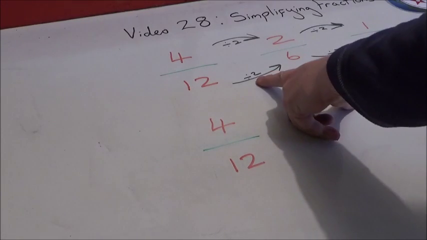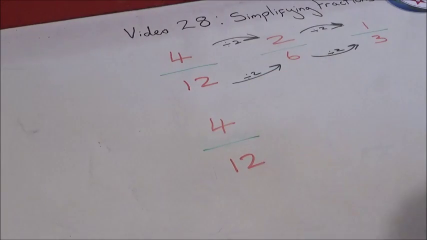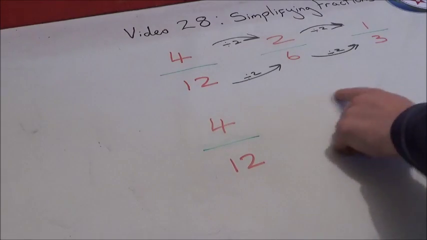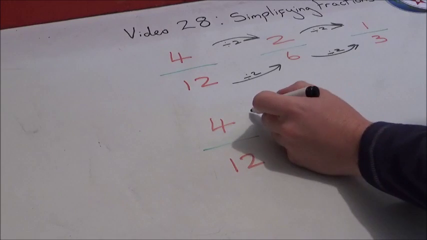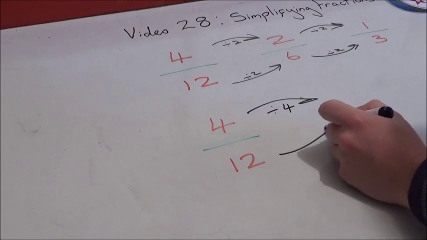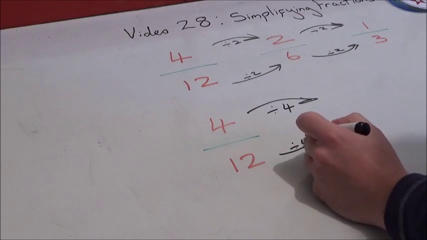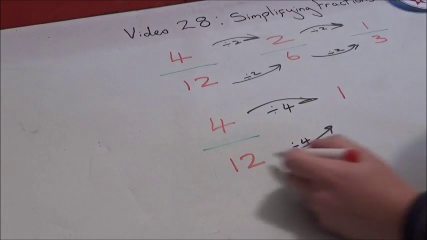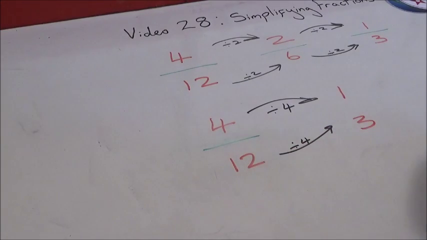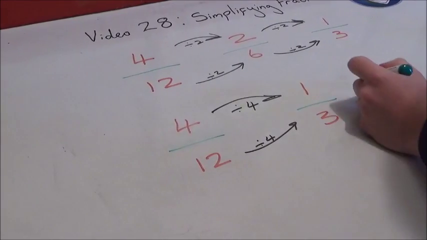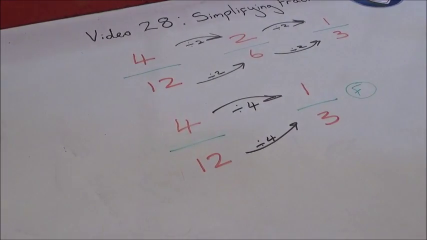Now we know that 2 is divisible by that, but actually, can we think of any others? 4 is a divisible number, so let's divide it straight away by 4. So 4 divided by 4 equals 1, 12 divided by 4 equals 3, and we have 1/3, it's the same, but this is a more fluent way of working it out.